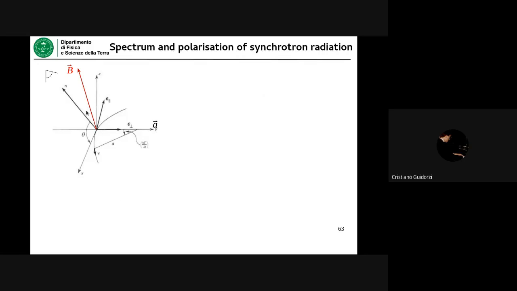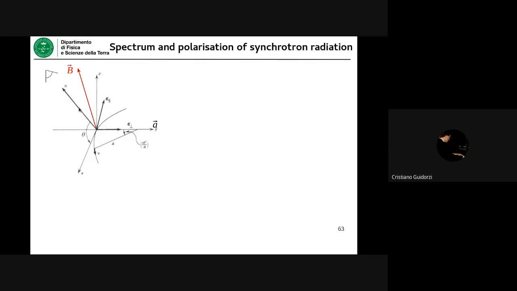So here you define two different directions along which you can project the electric field of the electromagnetic wave that you receive. This unity vector is called epsilon perpendicular, and this is epsilon parallel. Parallel and perpendicular to what?